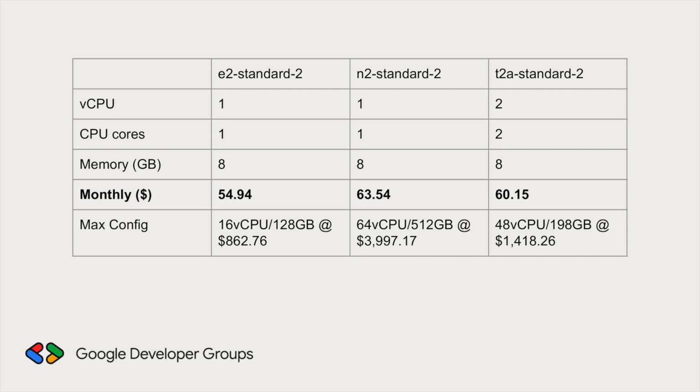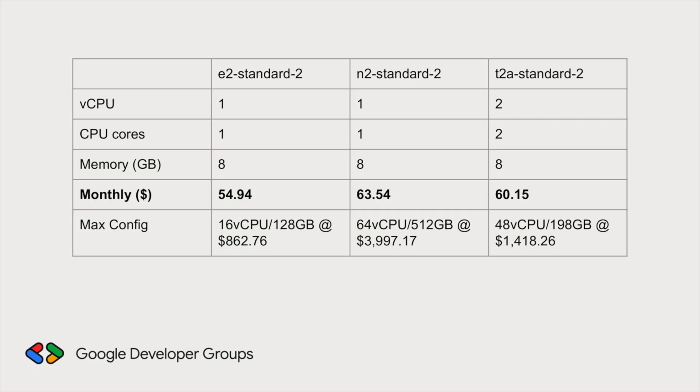But when we take that 8 gig baseline, we find that the T2A standard 2 has 2 CPU cores, while the others have only 1 CPU core. And it has 2 virtual CPUs, while the others have 1. So we have twice the amount of CPU, but the same amount of memory.